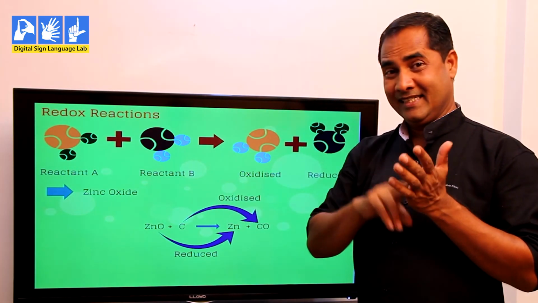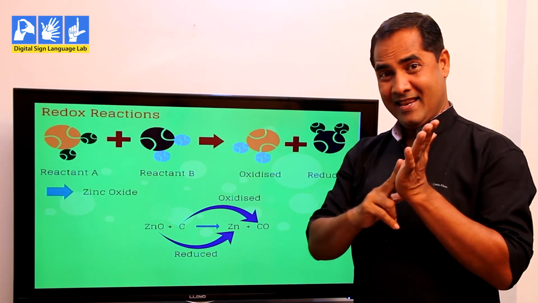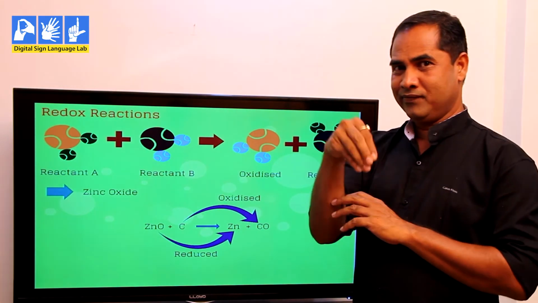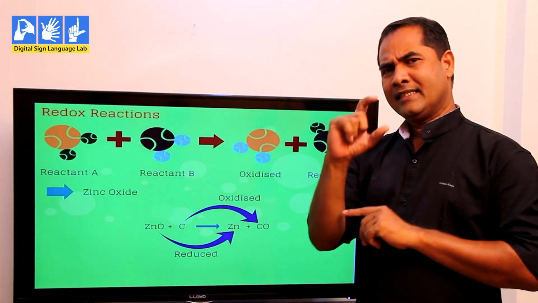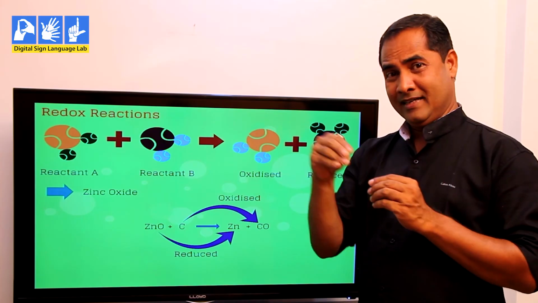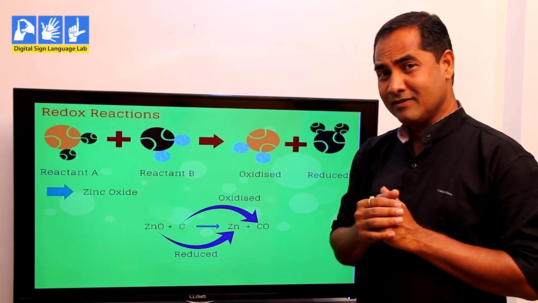For example, look at zinc oxide. ZnO, that is zinc oxide. If you add carbon to that, that is C, they both react. And what happens next?